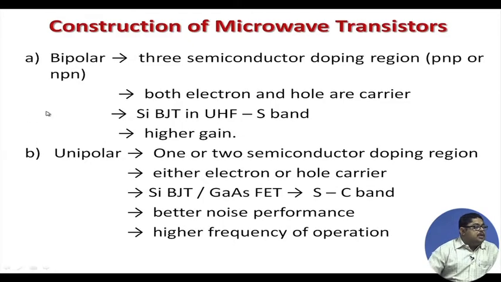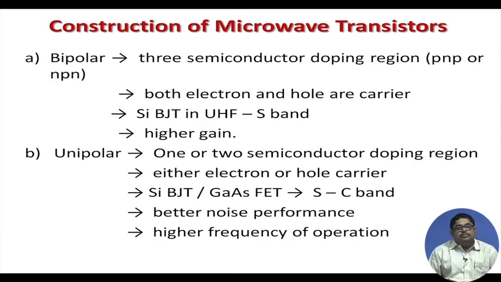Now, construction: you can have bipolar transistors. In bipolar transistors we know there are 3 semiconductor doping regions, either PNP or NPN type, and both electron and hole are carriers. Silicon BJT in the UHF and S band is used.